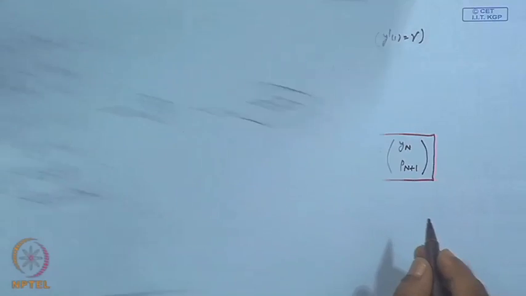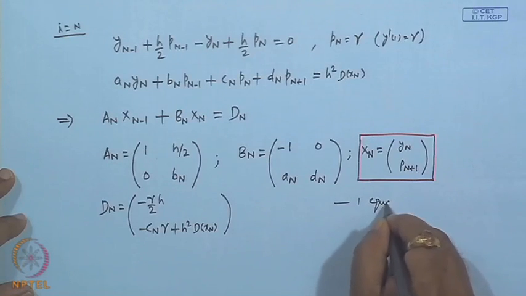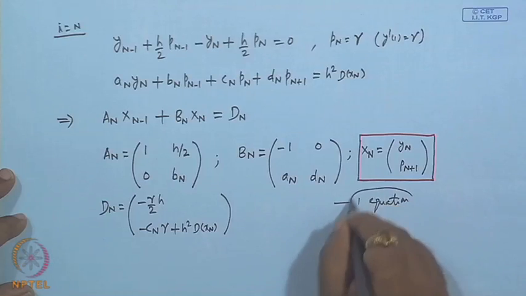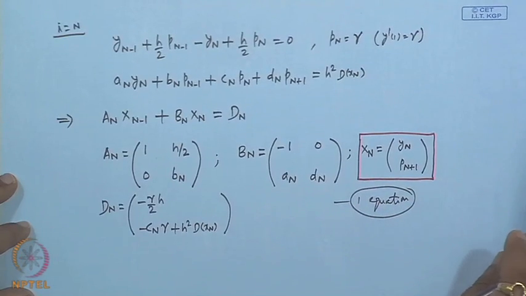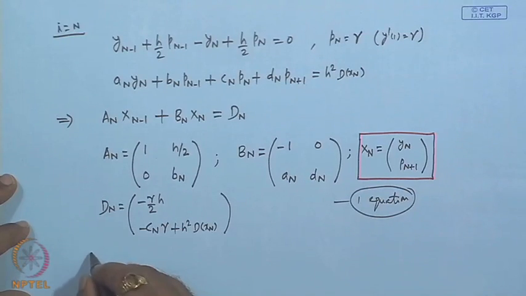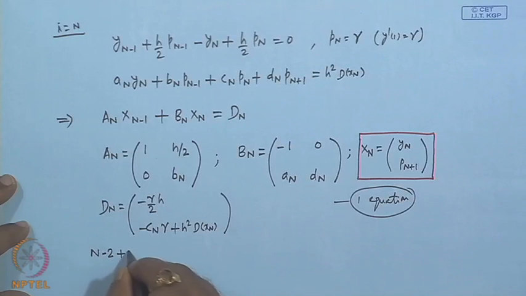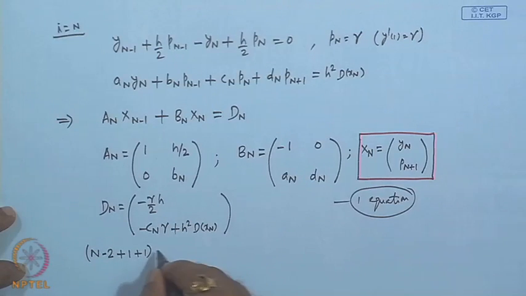So, n minus 1 and this is another one equation. So, total n equations, okay. But in what sense? They are n minus 2 plus 1 plus 1 and each is 2 equations, right.